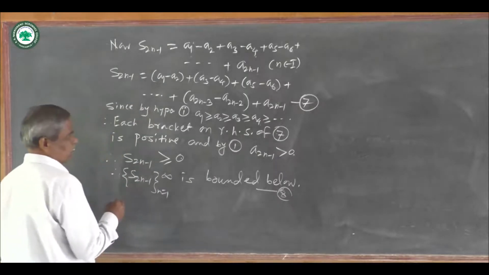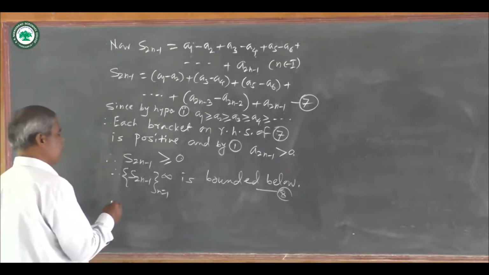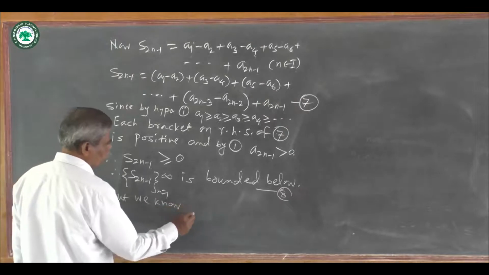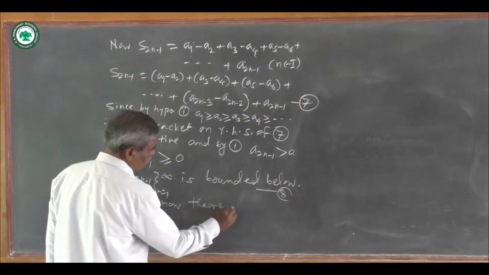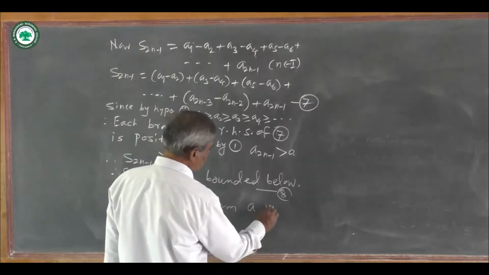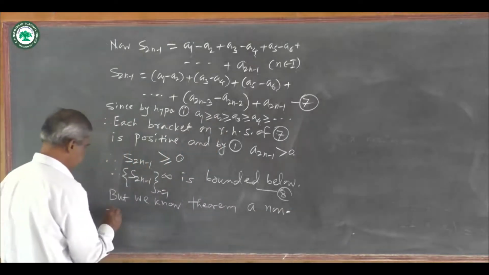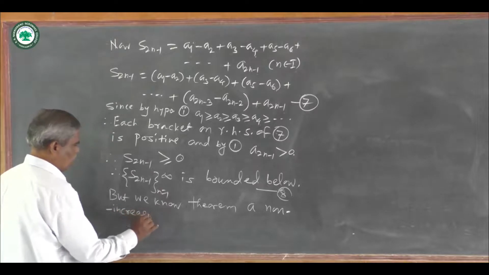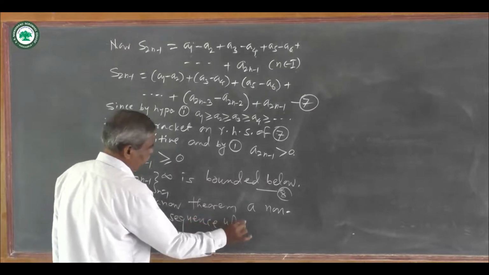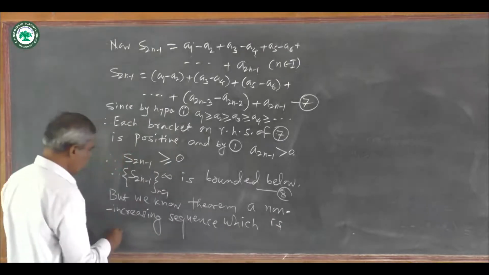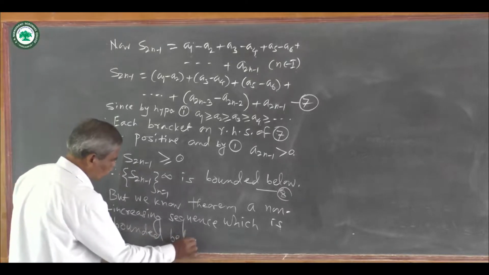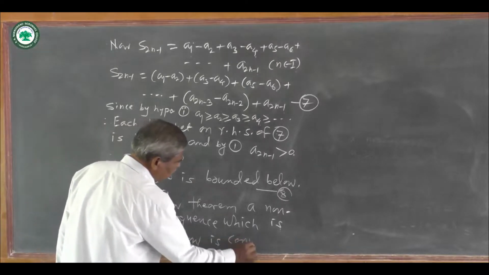But we know theorem 3 on monotonic sequences: a non-increasing sequence which is bounded below is convergent.